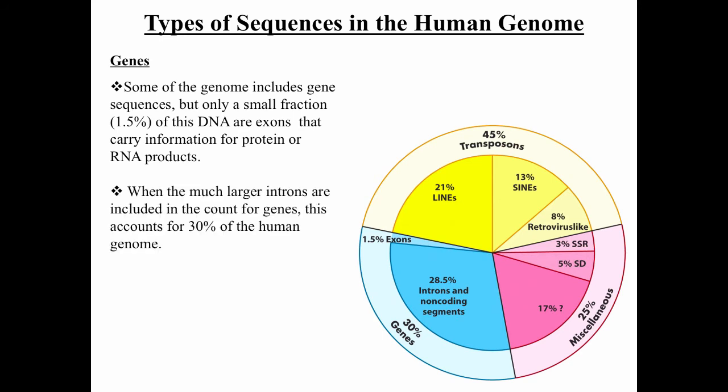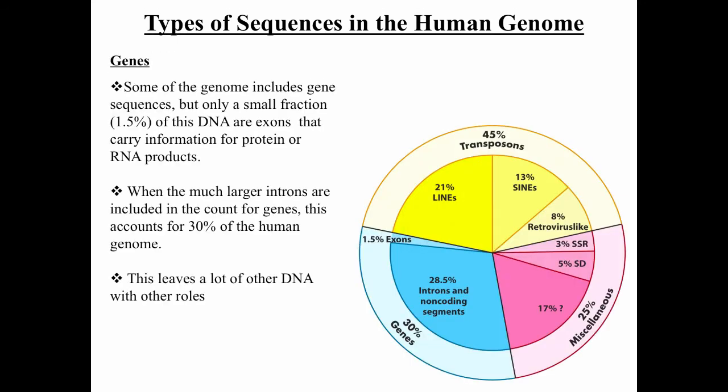If you then include the larger intronic portion, that accounts for about 30% of the human genome. And so this leaves a lot of other DNA, about 70% of the human genome, that is not information encoded in genes. This leaves a lot of other DNA that has other roles.